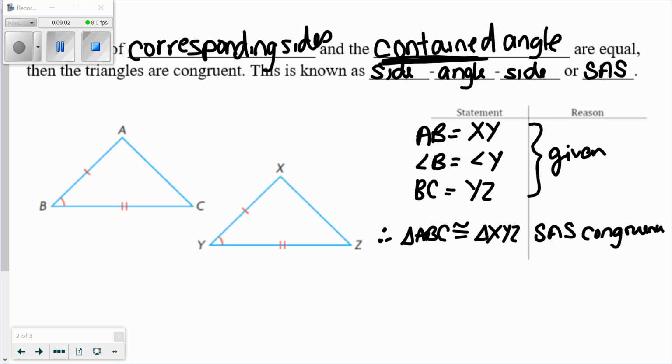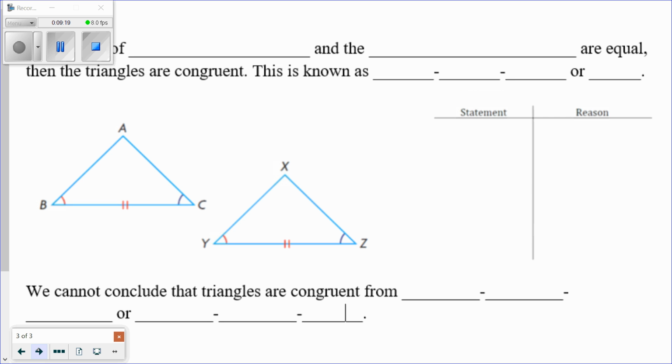All right, so we have SSS and we have SAS. I know last semester we were joking that snakes for the SSS and sassy allow us to prove triangle congruence. Hopefully you're getting the idea of what's going to happen in a little bit.